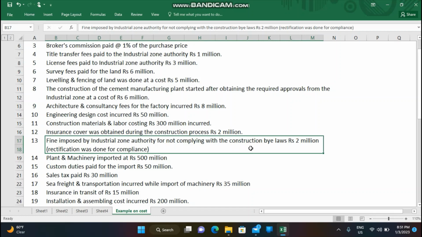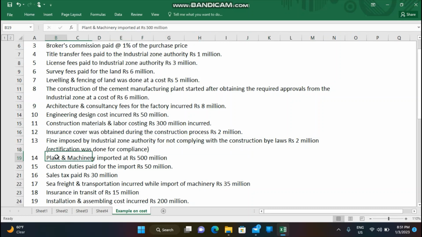So they will recognize a penalty expense and then they will pay it through the bank. So this 2 million will not be included. This is the first element in this data that is not a directly attributable cost and it will not be included in the cost of the property, plant and equipment.